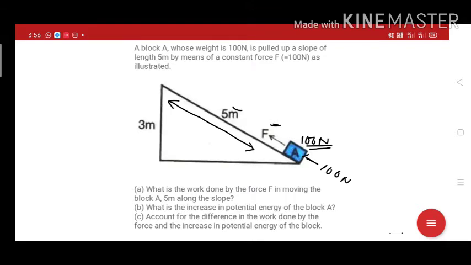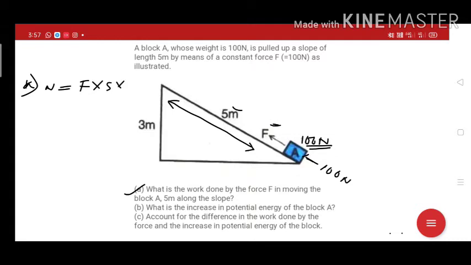Okay, no problem. Now the question is, what is the work done by the force F in moving the block A 5 meter along the slope? That means they are asking for the work done by the force. So here the direction of the force is very important, as we know that the work done is F into S into cos theta.